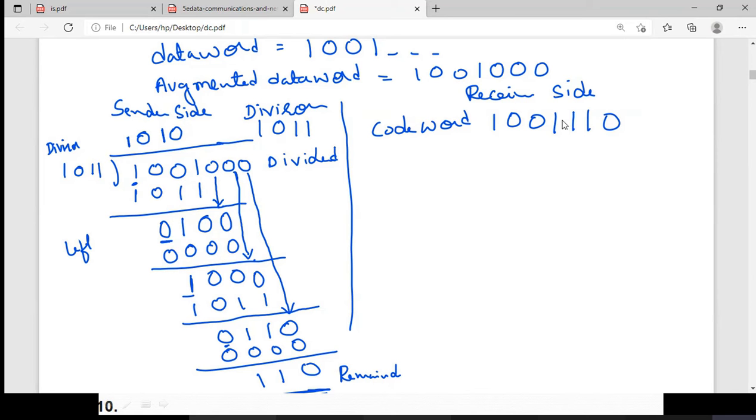So this is an example where I have considered no corruption, an uncorrupted value. That means no bit got corrupted during transmission. So take the same divisor, and the code word that was sent.